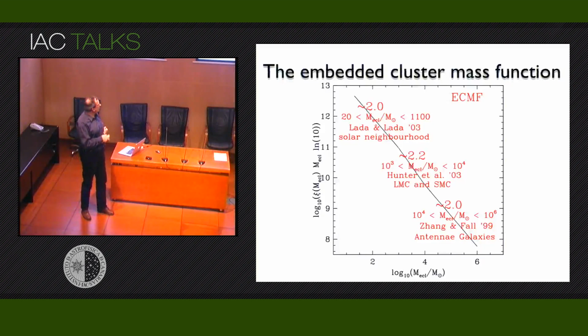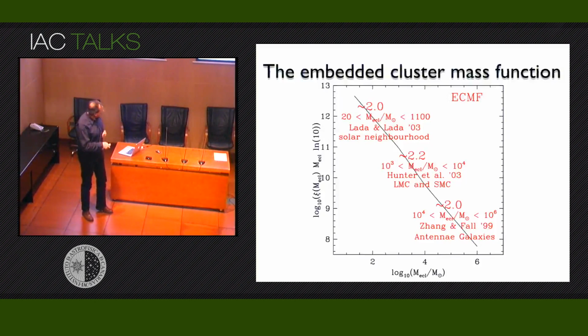Unfortunately, we don't have a sample of very young star clusters which covers the whole range of masses in the same object. So this is 3 different environments put together: the solar neighborhood with relatively small clusters, the LMC and SMC in the range of 1,000 to a few 10,000 solar masses, and the Antennae galaxy, a pair of interacting galaxies with a massive starburst where we have clusters up to 1 million solar masses.